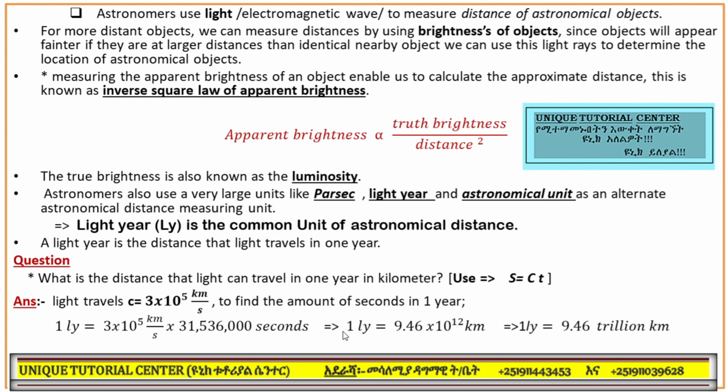So this is it. Light traveling for 1 year with the speed of light reaches about 9.46 trillion kilometers. So astronomical bodies which are very, very far apart from each other, those distances can be measured using light year.